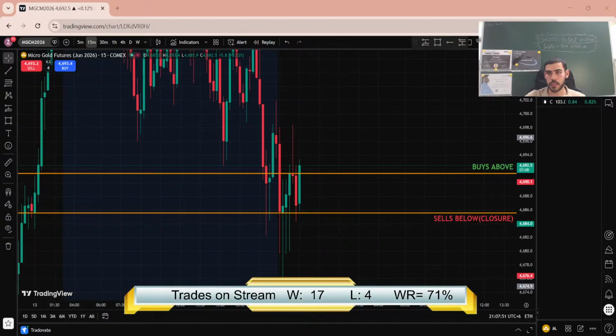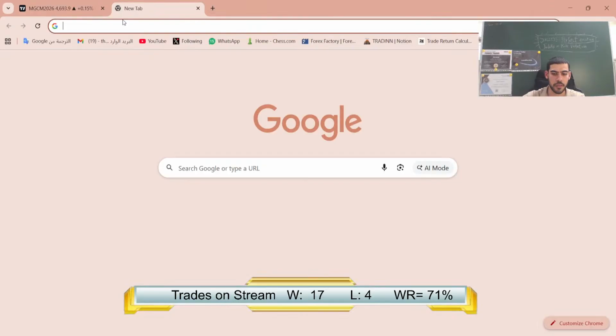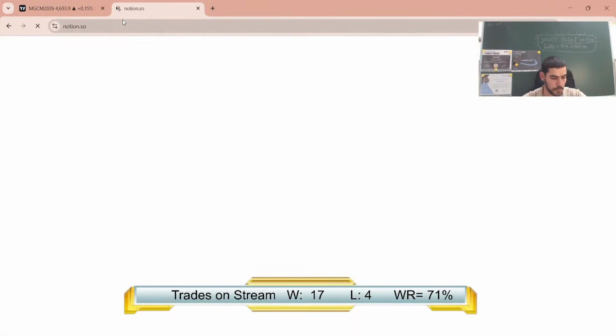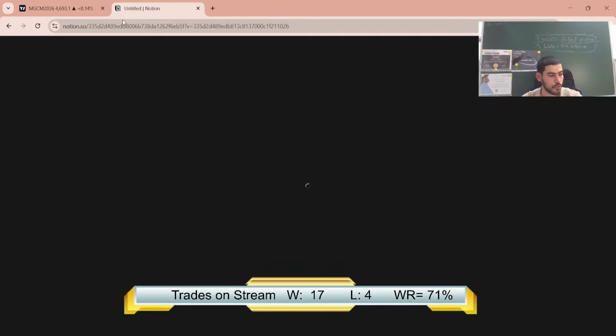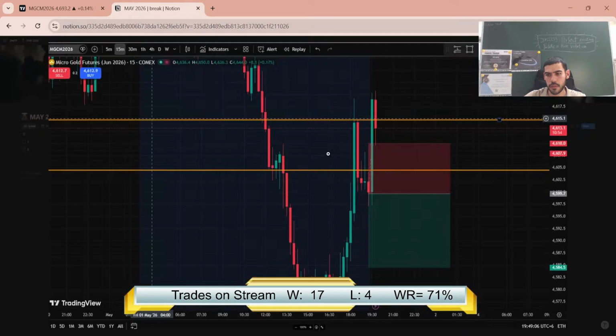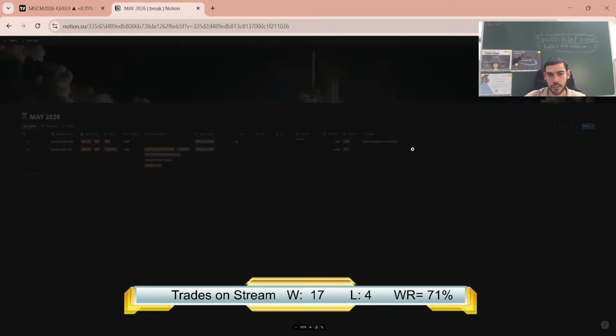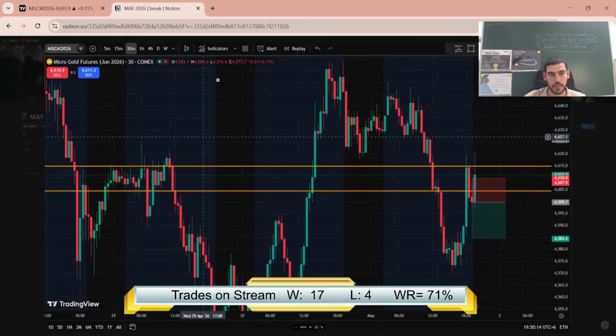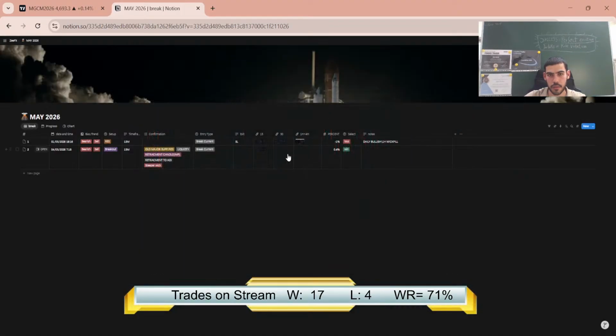Around 7 minutes left. So I was trying actually to improve my journal. Let me check that trade. Oh wow, what a nice trade this is. It looks nice. Oh, okay, this is on the 30-minute time frame.